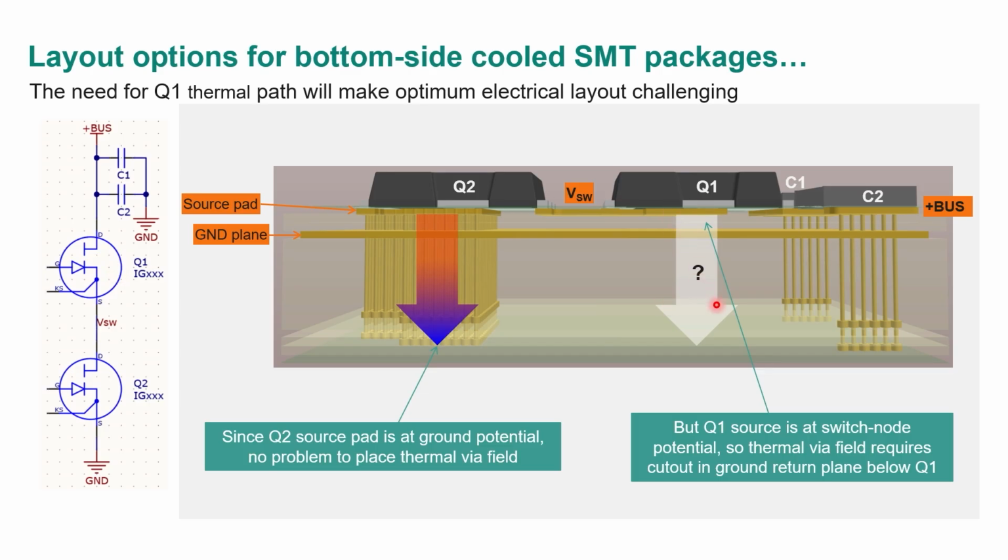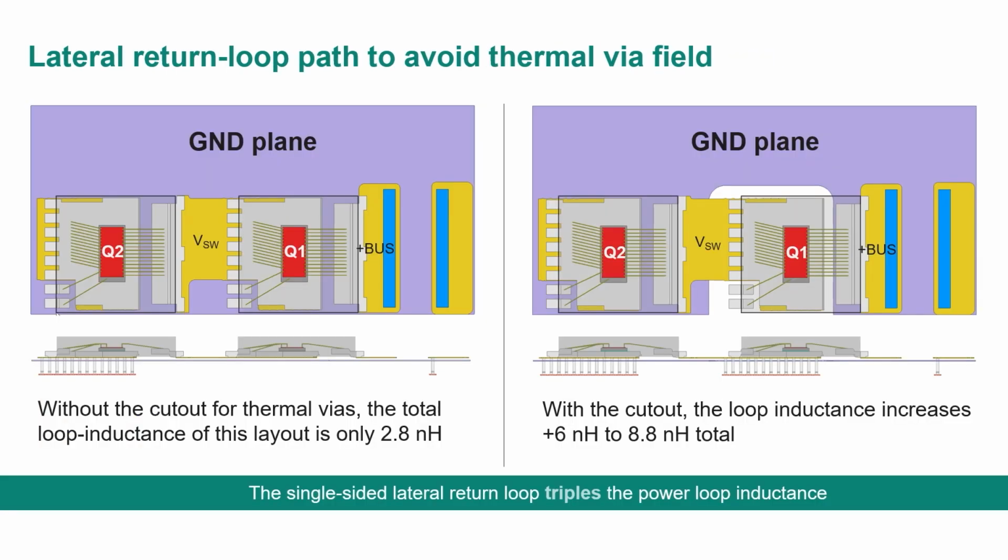I need to get heat out of it, and that means I need the same set of thermal vias here. Where am I going to route those? I have to cut right through my return plane, which creates a hole, right? I can't run my return through the middle of a 400 volt switch node. So I need to make some compromises on my layout with these bottom side cooled devices.